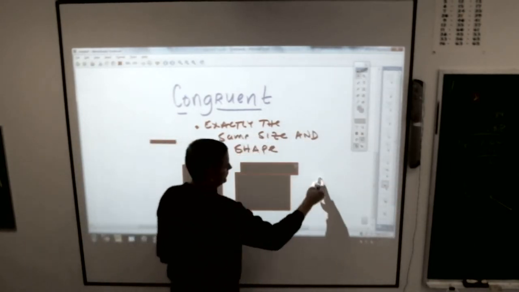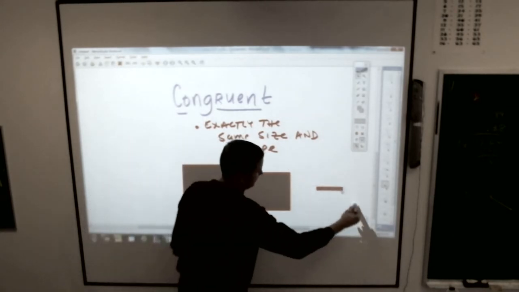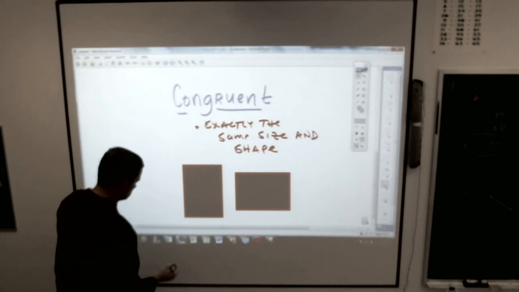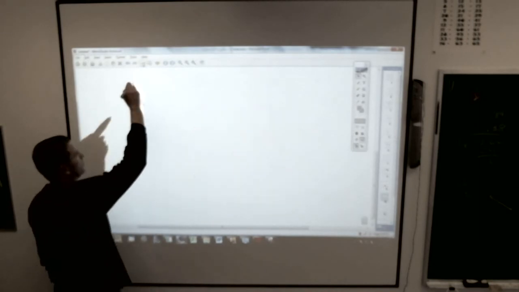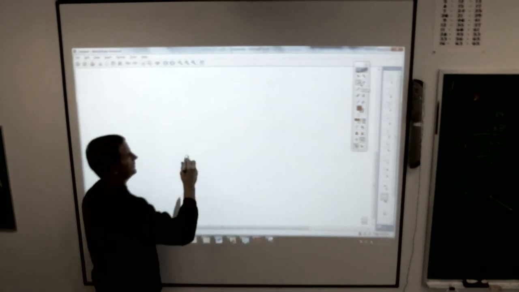And it makes a little more sense when you take out the next piece of paper. One more piece of paper. One more. And on this one, you need to write the word similar.